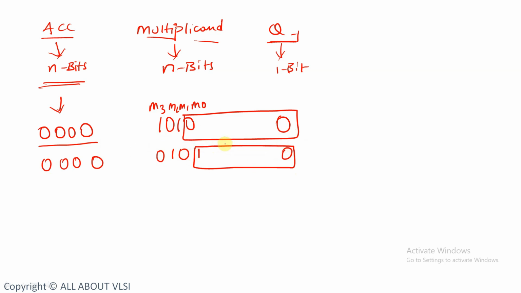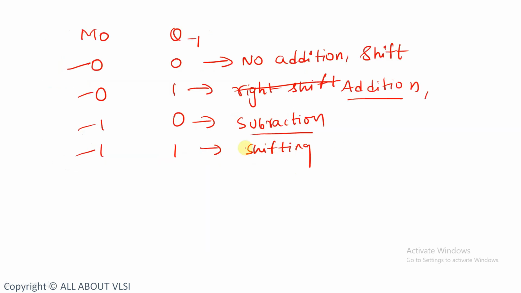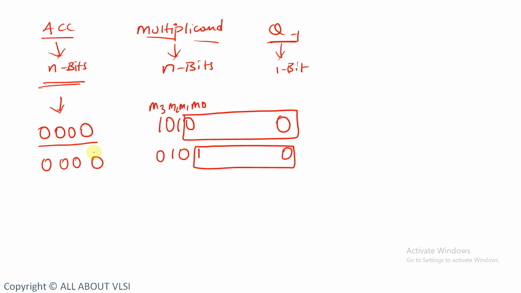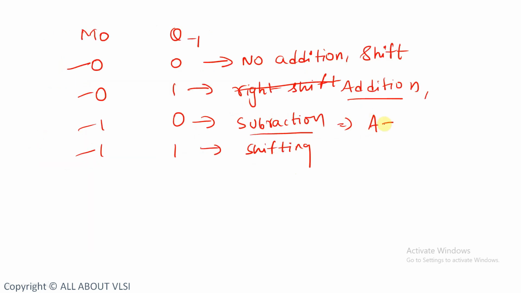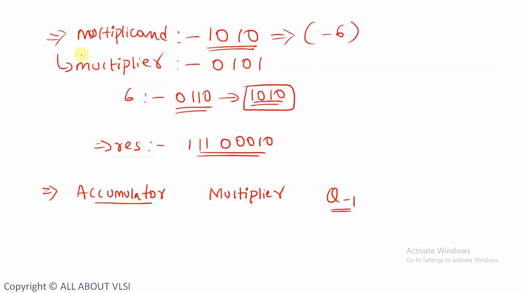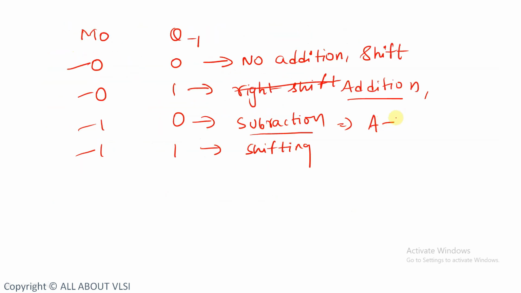Now again we should compare these two bits. 1 0 is for subtraction. We should subtract the multiplier from the contents of the accumulator, so we should perform A minus multiplier. I will write it down.